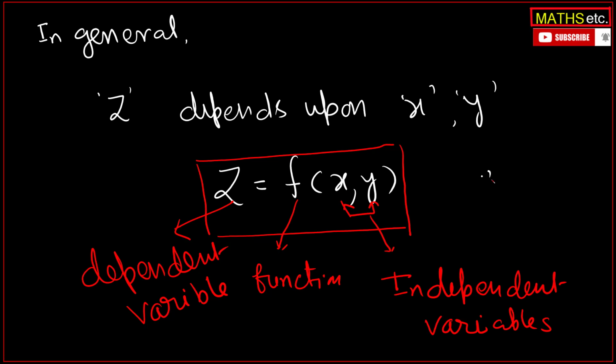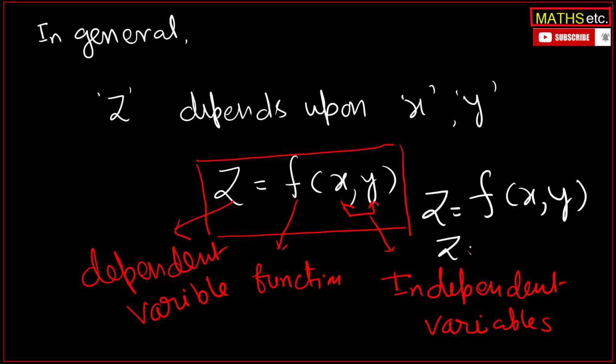Generally, we write a function of two variables simply as f of X comma Y. But when we have to show that the value of the function at X comma Y is Z, we denote it by Z equals f of X comma Y. It gives us a rule to find values of the function.